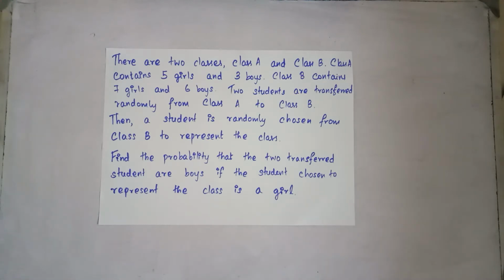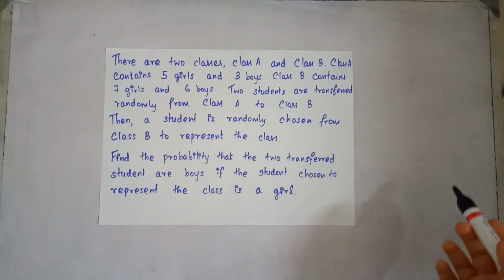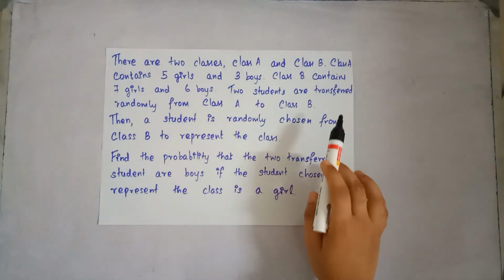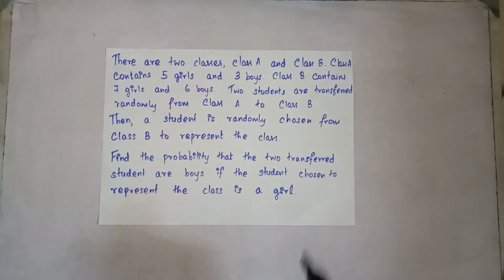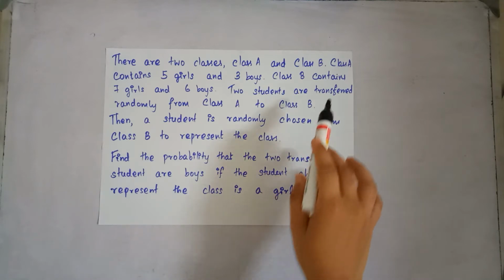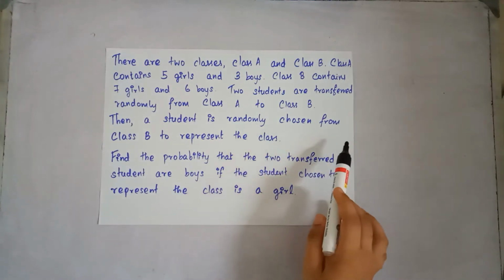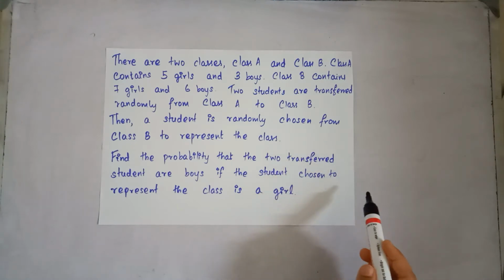What we'll be doing is, first you have to realize that there are 2 events happening over here. It's not just one event. Rolling a dice and getting a number is one event, but here there are 2 events. First event is 2 students are transferred from A to B. Right? That's one event. Then after that a student is chosen randomly from class B to represent the class. This is another event.